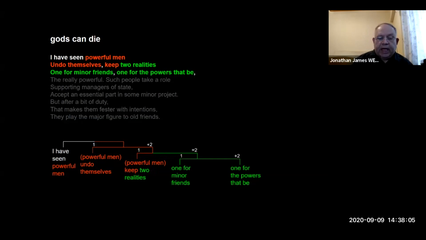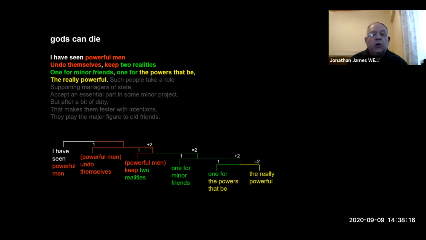What about those two realities? One for minor friends, one for the powers that be. Another pair, another level. One for the powers that be, the really powerful. We call that apposition, not opposition, with an A, apposition. Two things that sort of refer to the same thing. Now notice the layer upon layer of this sort of symmetrical pairing.